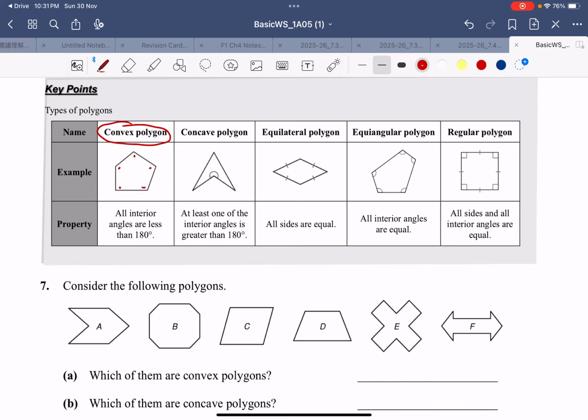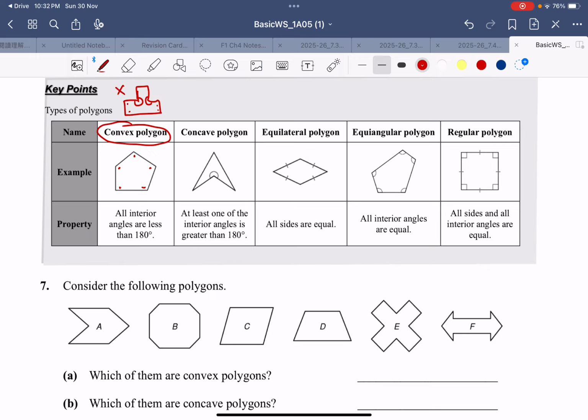And then think about this figure, like a Chinese word. Is it a convex polygon? You check all the interior angles. This okay, this okay, this okay, this okay. But this is larger than 180 degrees, and this is larger than 180 degrees. So this is not a convex polygon.